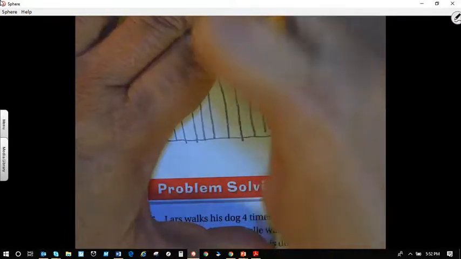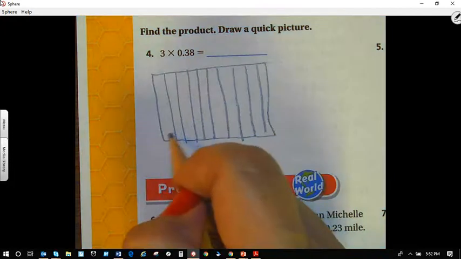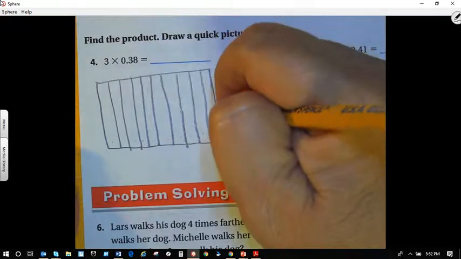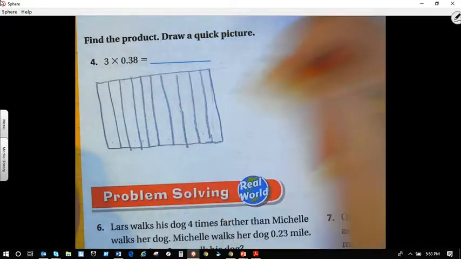So I think I did that right. Okay, so I have 1, 2, 3, 4, 5, 6, 7, 8, 9, and 10. Yeah, that's where I kind of curved in. I think there's some. Okay, there we go.